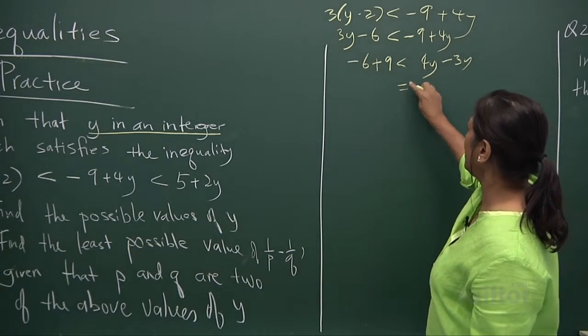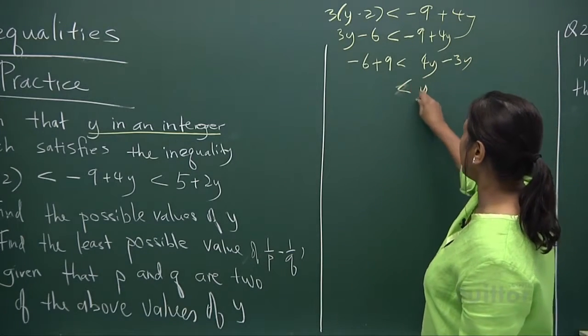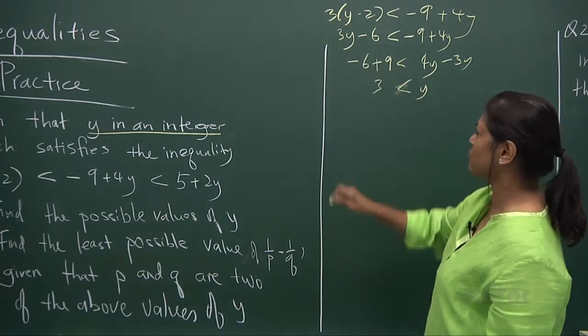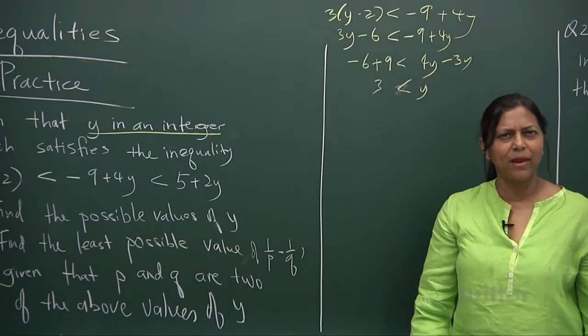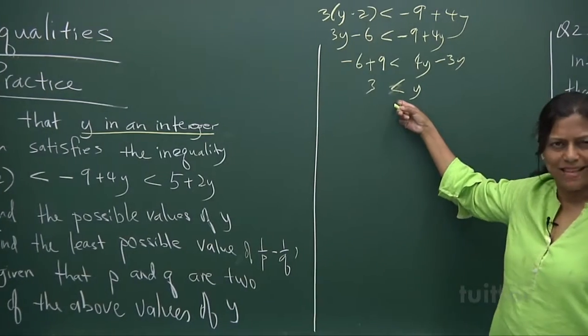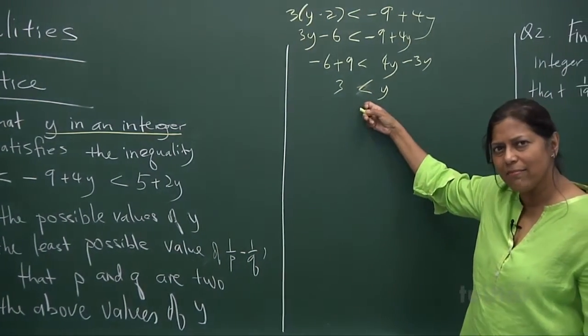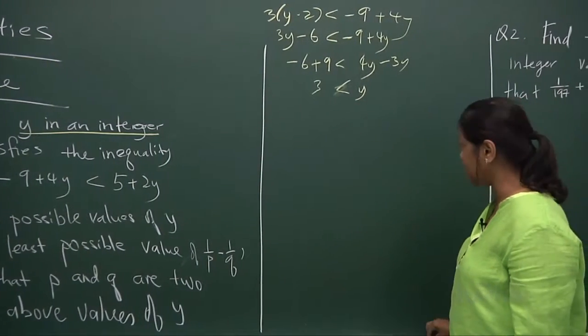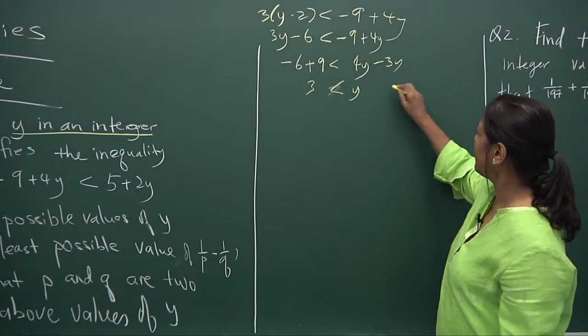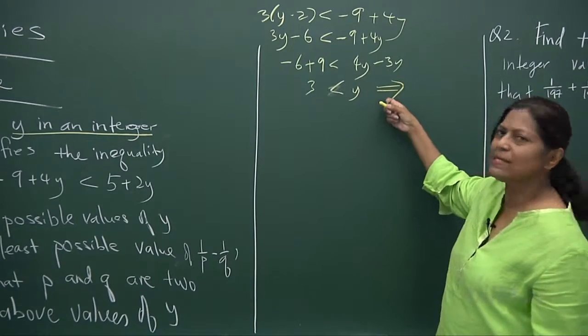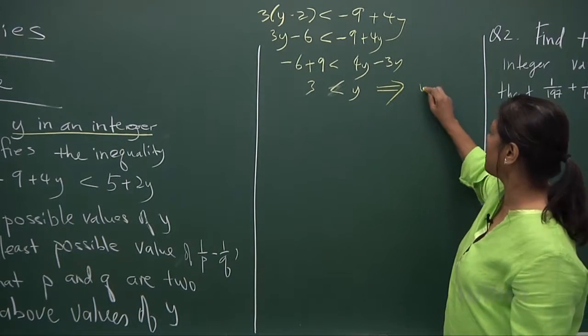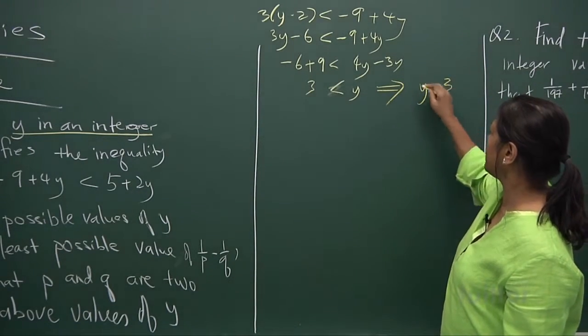Your y, your y is 3. 3 is less than y. So what does that mean? It implies that y is bigger than 3.